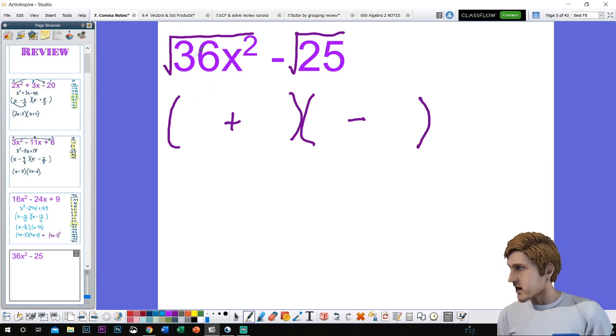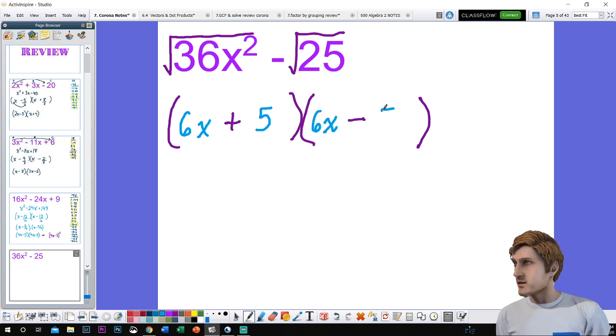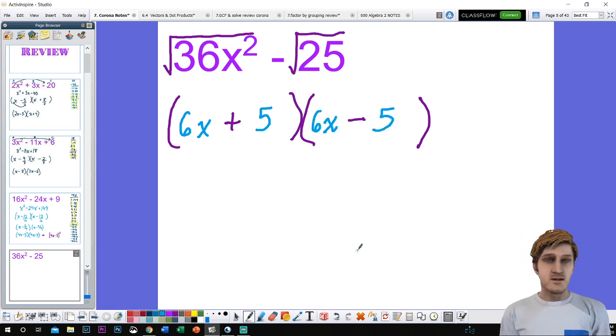So for the good twin, 36 square rooted is 6. Square root of x squared is x. 25 square rooted is 5. Now I'm going to place those exact same things over here for my evil twin, Mr. Shack. And then I'm finished.